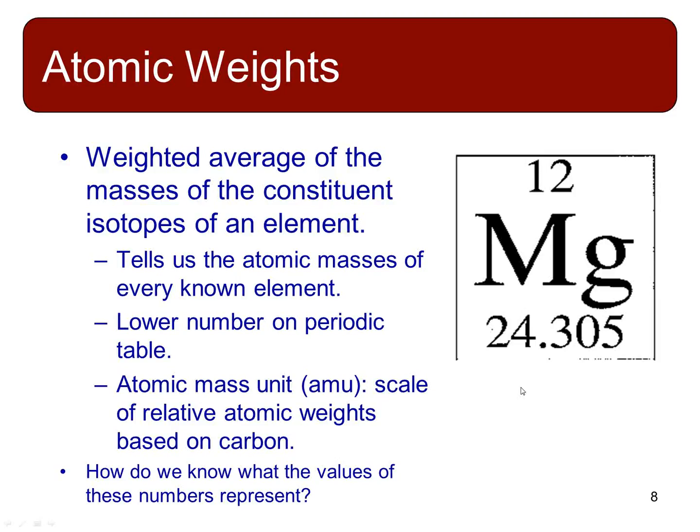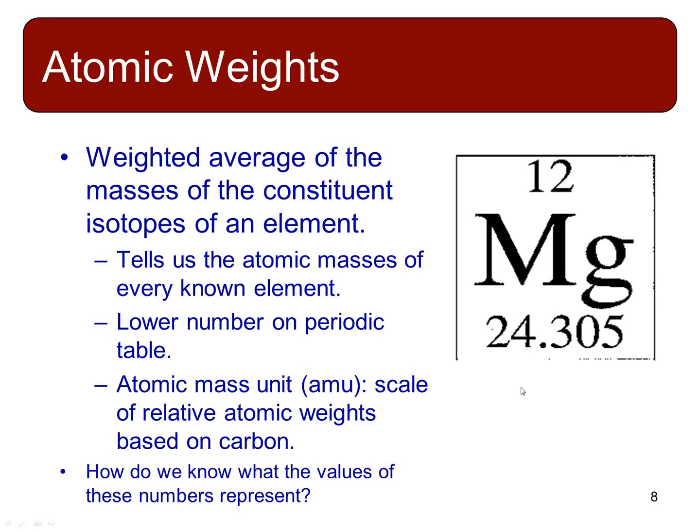This number is the weighted average of all of the isotopes of that element, so it takes the average. That's the number that is put onto the periodic table. It's that lower number, and the units we've seen so far for this number have been AMU, which just means atomic mass unit.